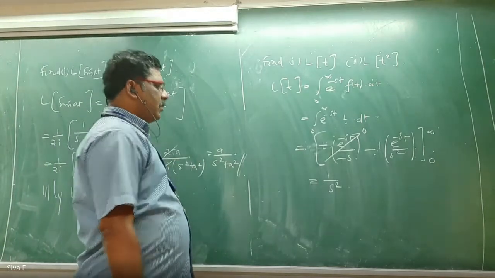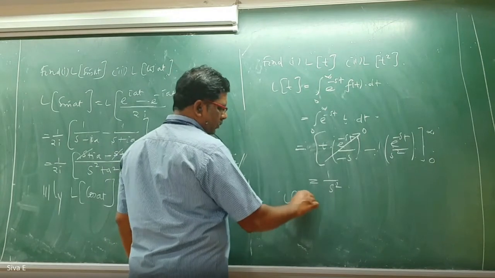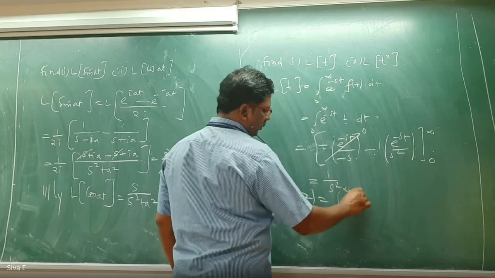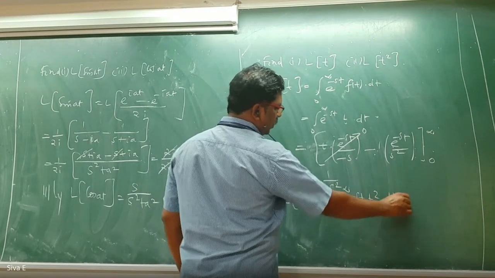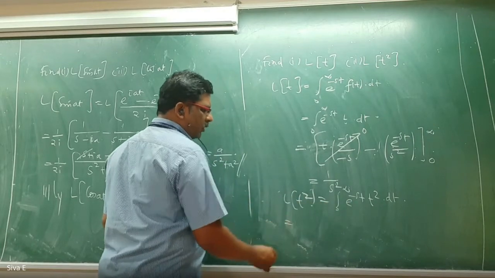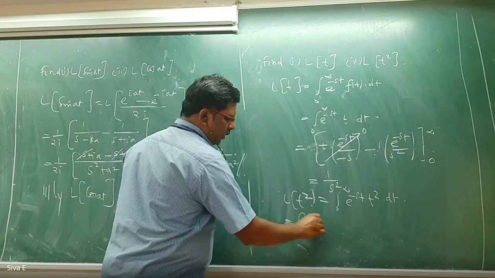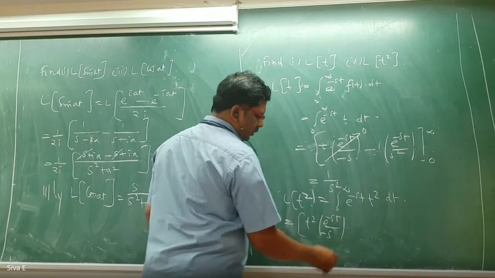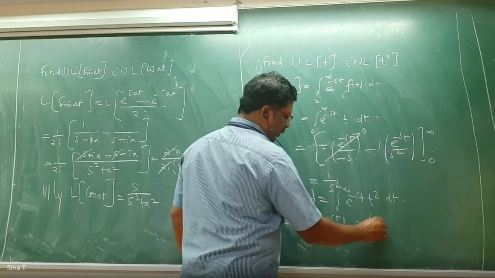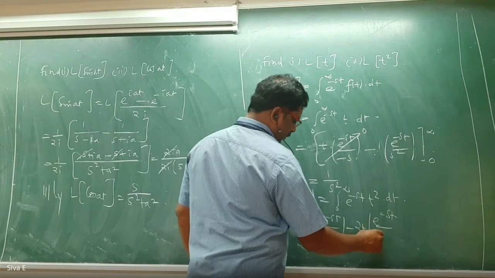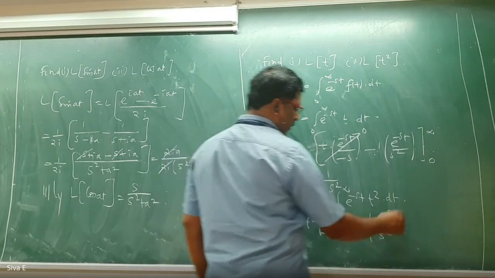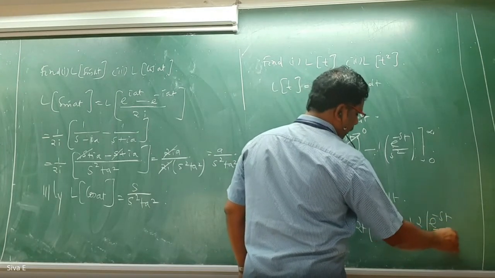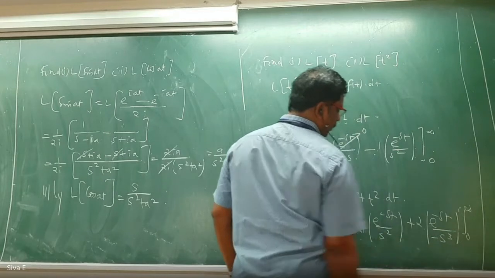For the Laplace transform of t square: the integral from 0 to infinity of e power minus st t square dt. Here also you can use Bernoulli's formula: t square e power minus st by minus s, minus 2t e power minus st by s square, plus 2 e power minus st by minus s cube, from 0 to infinity.